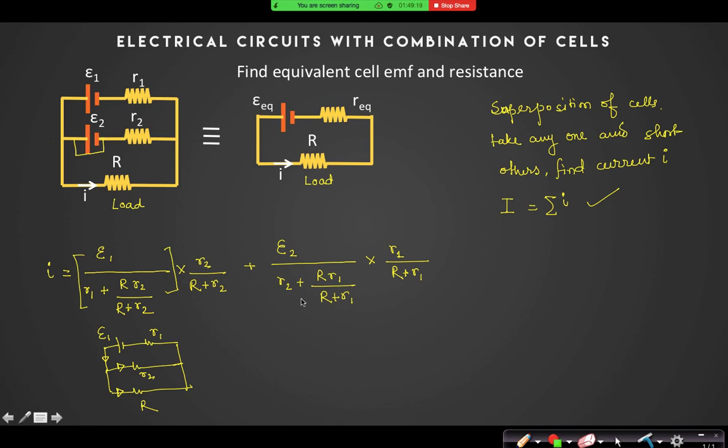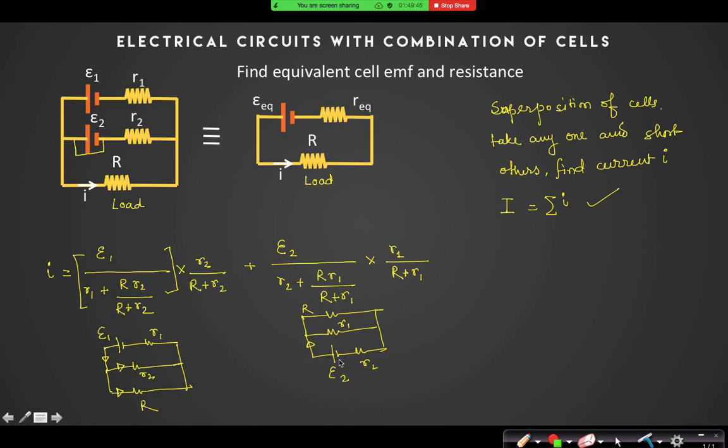In a similar way, I have drawn this current. Now which one I have to short? E1. Now I have shorted E1, so the equivalent circuit becomes this one, where I can say this capital R and small r1 are in parallel and E2 is sending current.